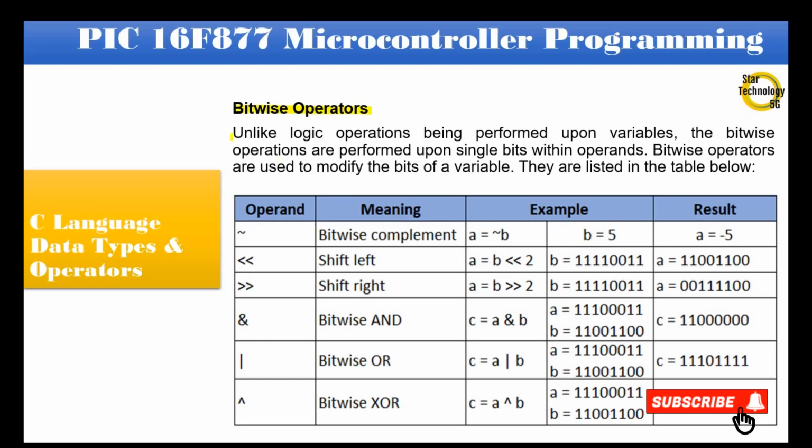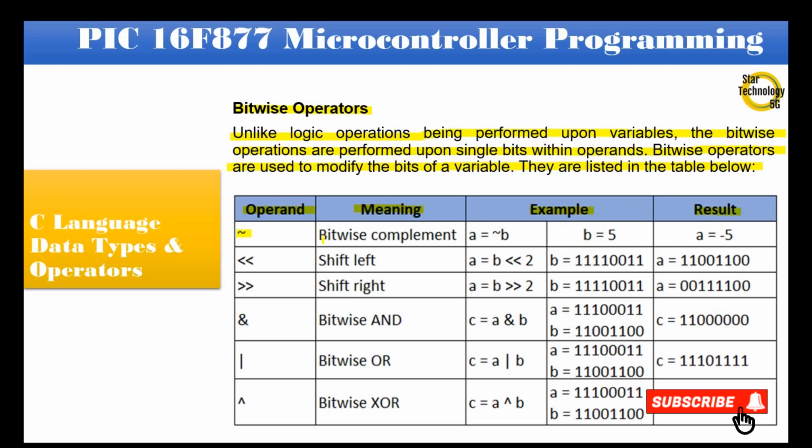Bitwise operators. Unlike logic operations being performed upon variables, the bitwise operations are performed upon single bits within operands. Bitwise operators are used to modify the bits of a variable. They are listed in the table below. Operand, meaning, example, result.